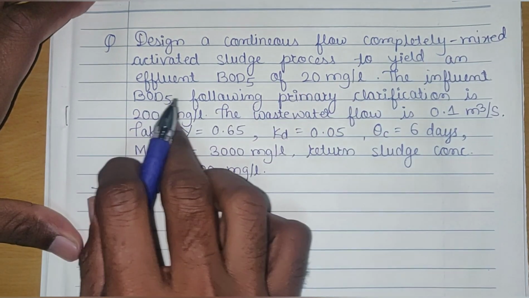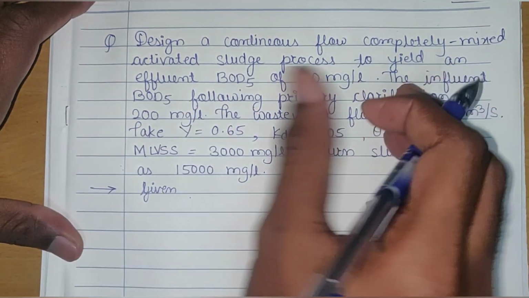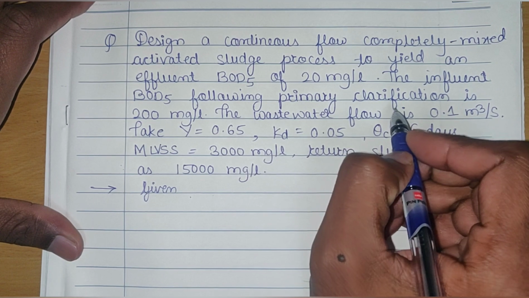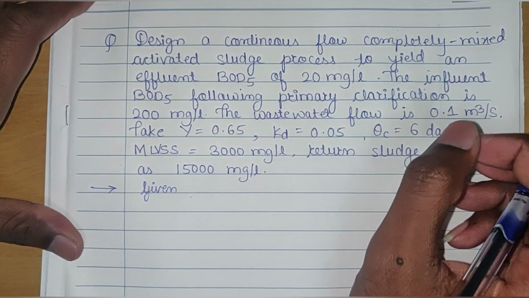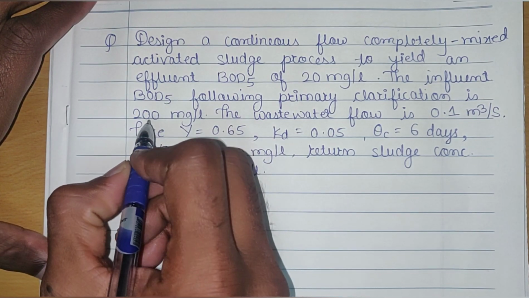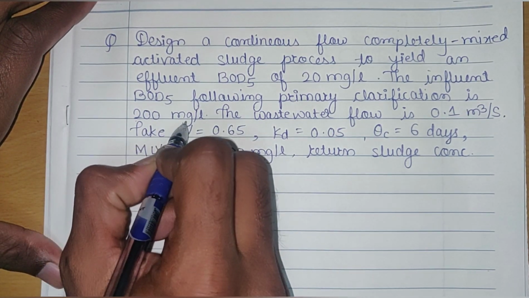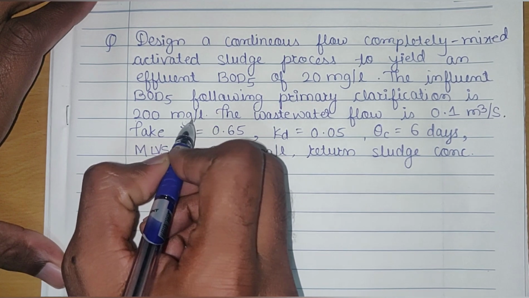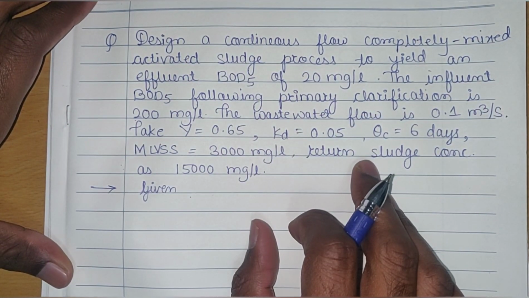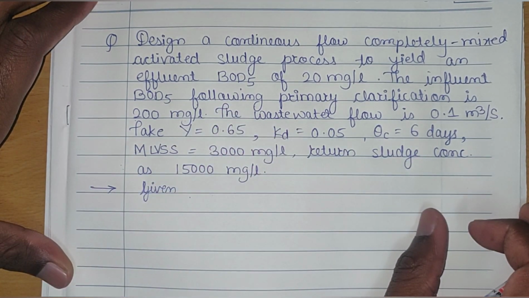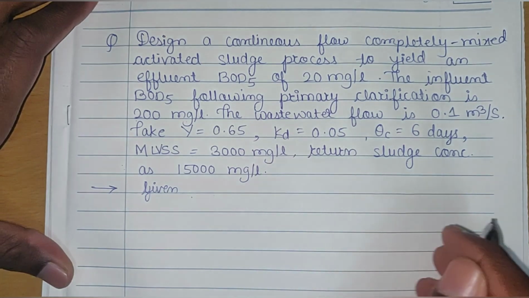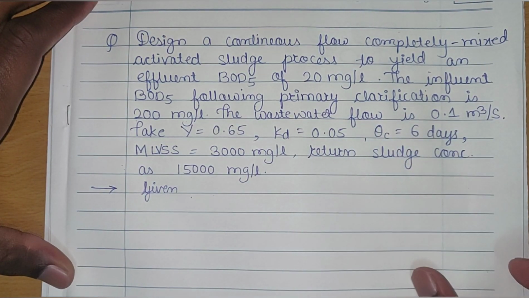This means that in the sewage treatment plant, primary treatment is given to the sewage, and after primary treatment the BOD of the sewage is 200 milligram per liter, and this is the BOD which is influent to the activated sludge process or influent to secondary treatment. That means 200 milligram per liter is an influent to the activated sludge process.